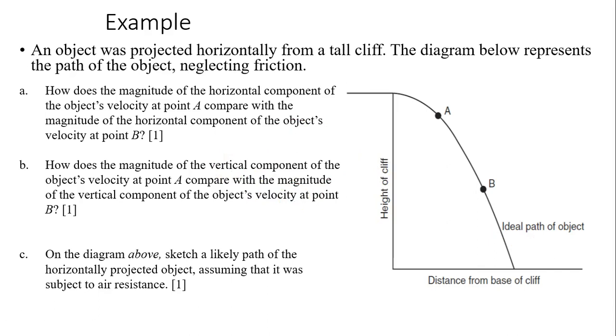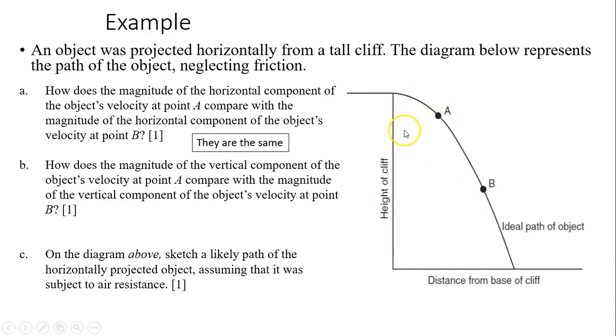Let's take a look at this example. An object is projected horizontally from the cliff. So here is the path. The diagram represents the path. How does the magnitude of the horizontal component of velocity at A compare with the horizontal velocity at B? We know horizontal is constant, so they are the same in the horizontal direction. How does the magnitude of the vertical component of velocity at A compare to the vertical at B?